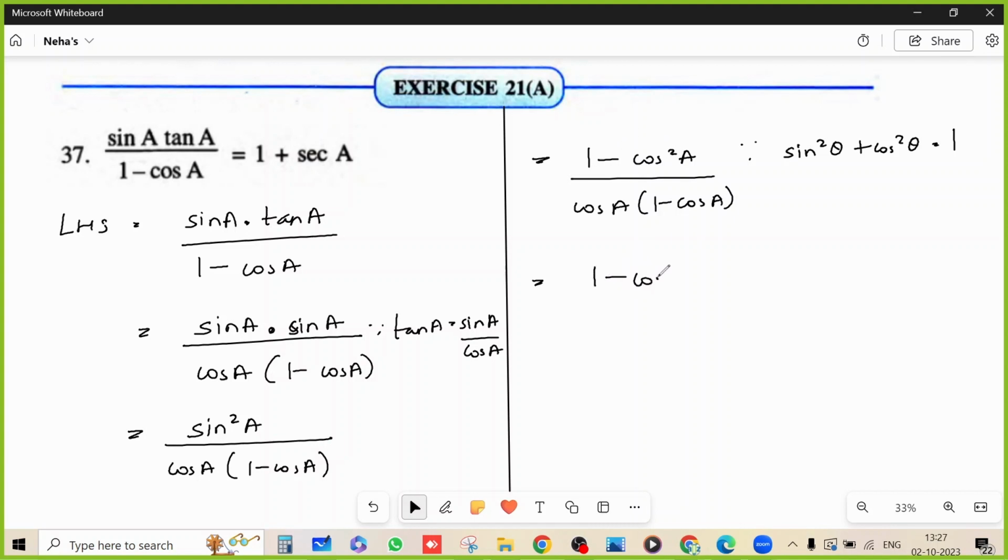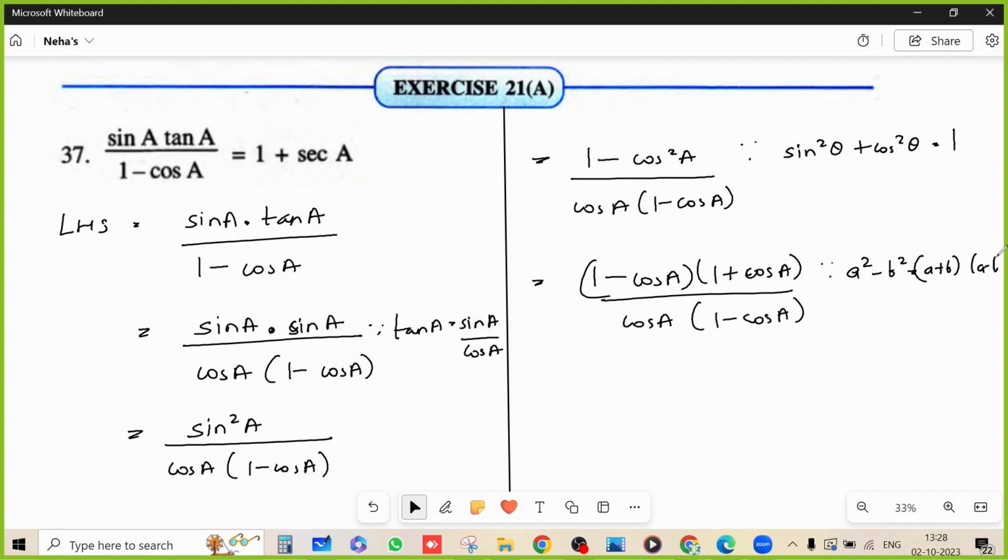So it can be written as (1 minus cos A) into (1 plus cos A) divided by cos A into (1 minus cos A). This is by the formula a² minus b² is equal to (a plus b) into (a minus b). 1 minus cos A and 1 minus cos A will get cancelled out.